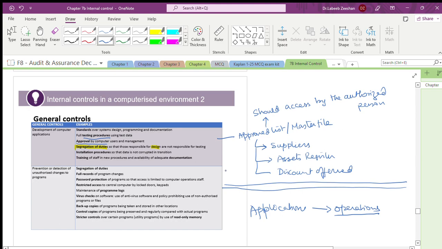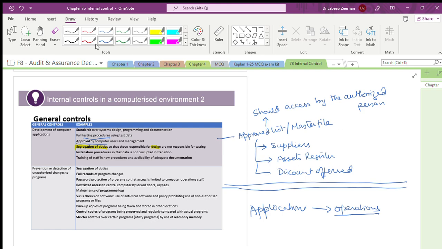Master files should not be accessed. Otherwise, what will happen? A person at the clerk level, a person at the supervisor level, will change the data. If they are changing the data, it means, is it right?